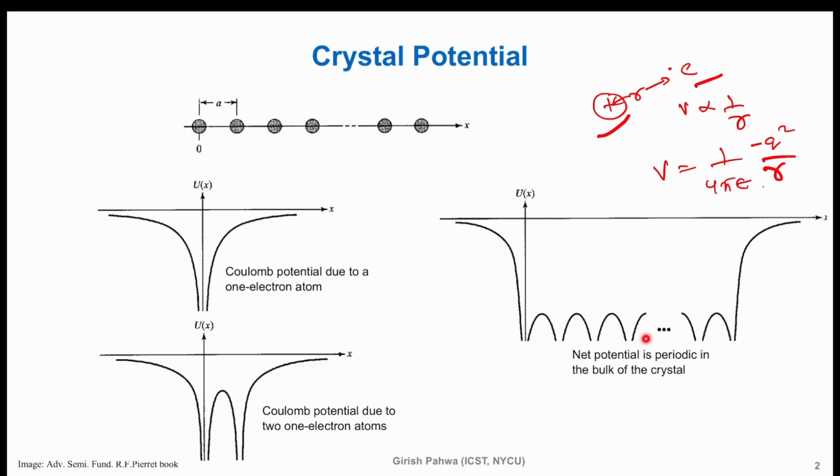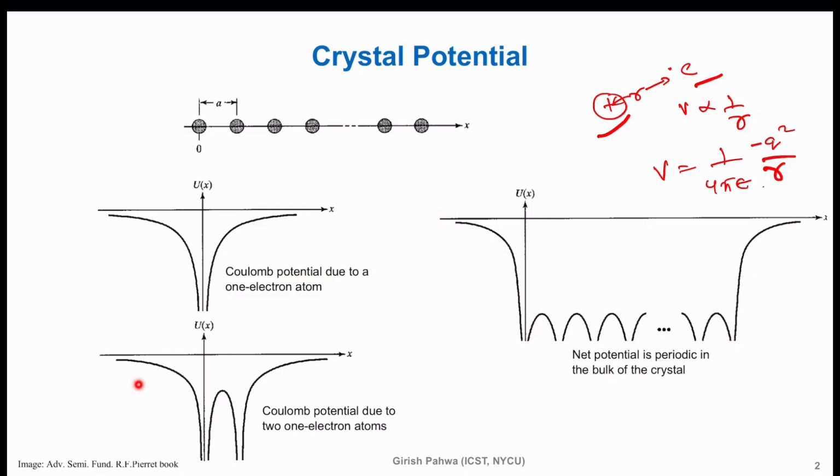So if you are well within the crystal, it's a periodic potential. It has a periodicity. What's the periodicity? A. So it's repeating after every A. At the surfaces, because beyond this you don't have an atom, that's why you are seeing a higher potential here.